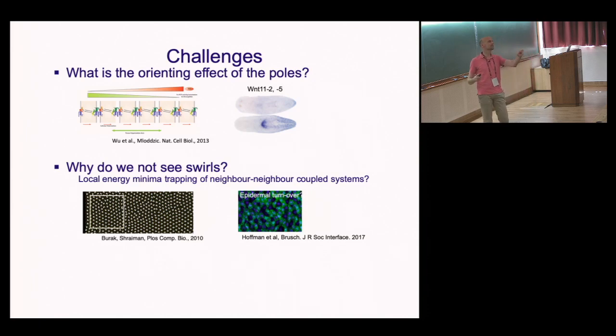The polarized cells themselves turn over continuously via new cells integrating from below. So presumably a new cell integrates in a naive state and then polarizes according to the average effects of its neighbors. As our collaborators have shown in this paper, such dynamic turnover of the constituents of planar polarized tissues can also make the probability of getting trapped in these local minima less.